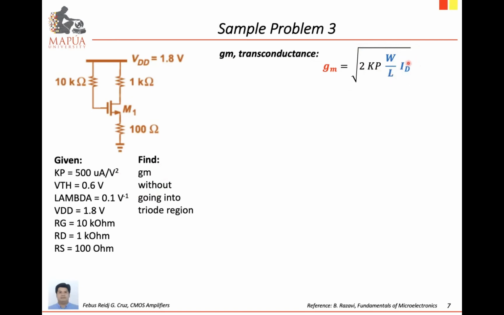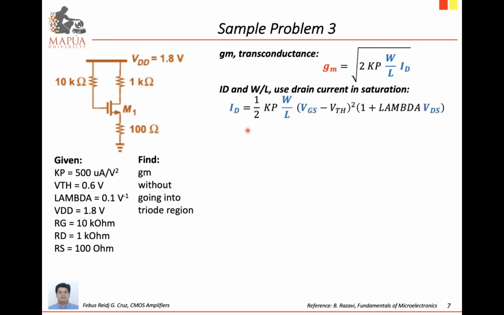So you have two unknowns before we can determine gm. ID and W over L are defined in the drain current in the saturation model. So you have ID equal to 1/2 Kp, W over L times the square of VGS minus VTH times the quantity of 1 plus lambda VDS.